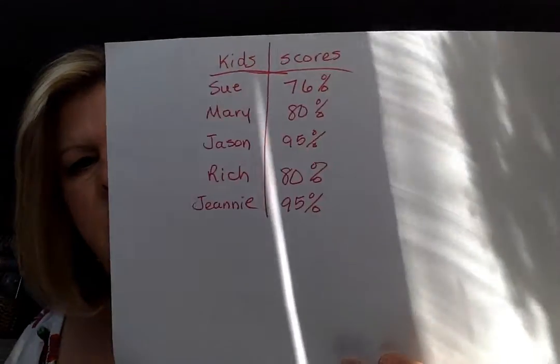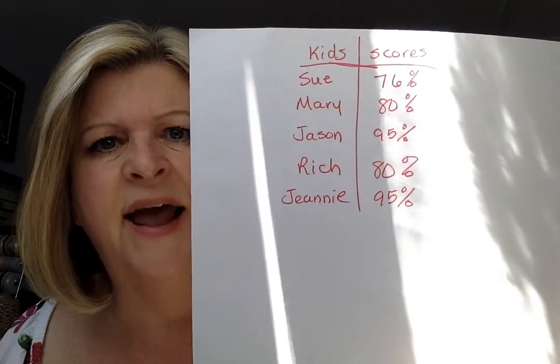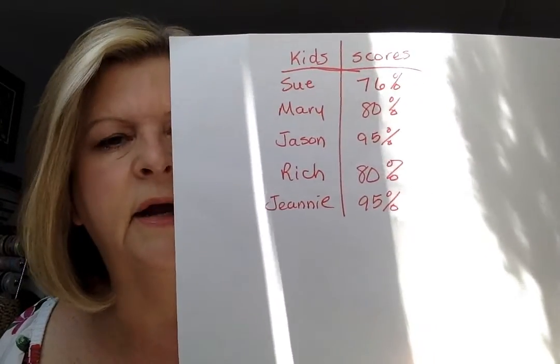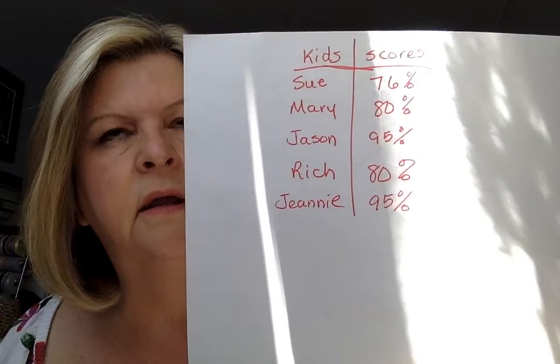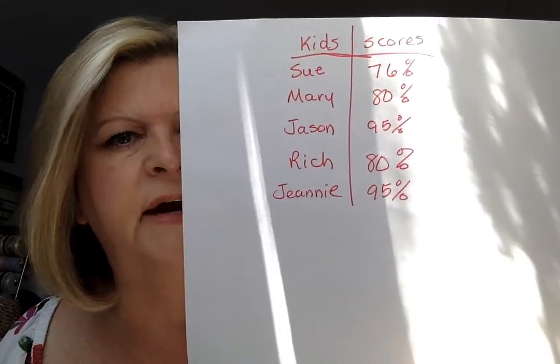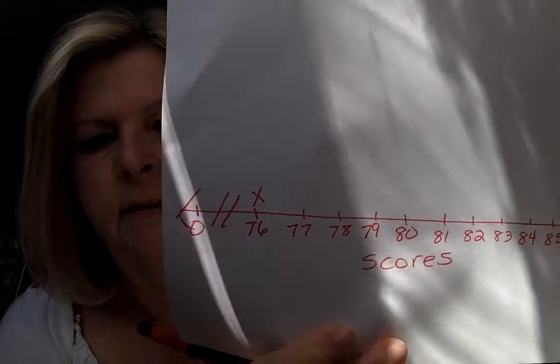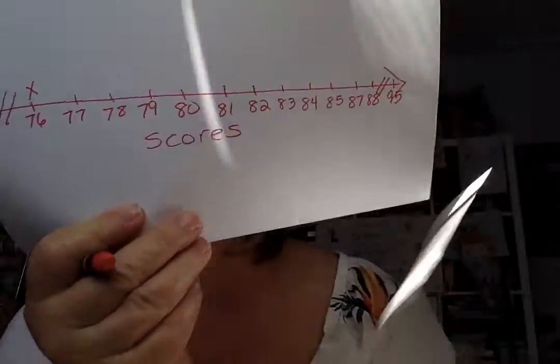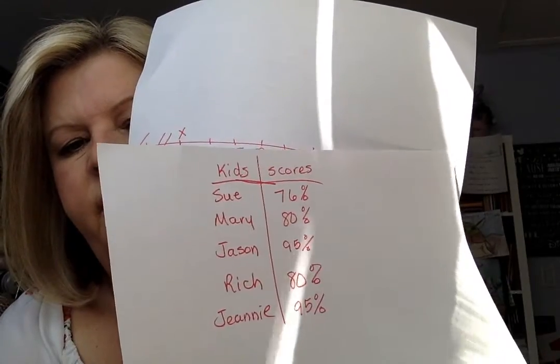So for each person, I'm going to show them on my line plot as an X. I'm not going to write their name. I'm going to show how many got that score by just using an X. Okay? So Sue. Here's my line plot. I put an X above 76 because Sue got 76.